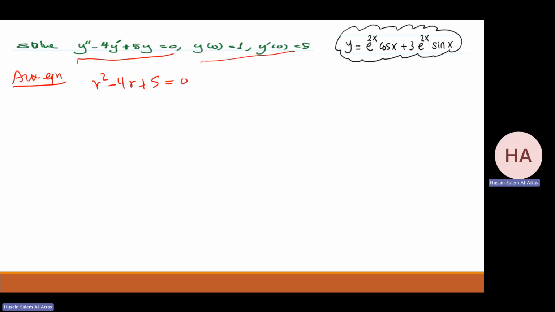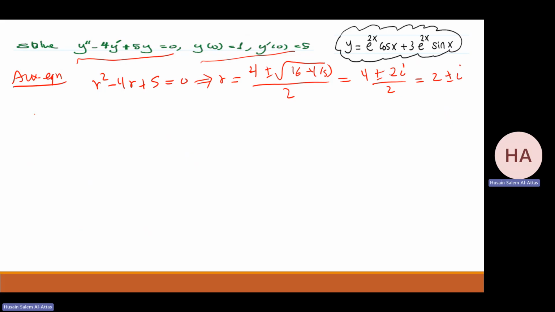So I need to solve it using the quadratic formula. That will be minus b, so this is 4 plus or minus the square root of 16 minus 4 times 5, over 2. 16 minus 20 is minus 4. So 4 plus or minus 2i over 2. That will be 2 plus or minus i.